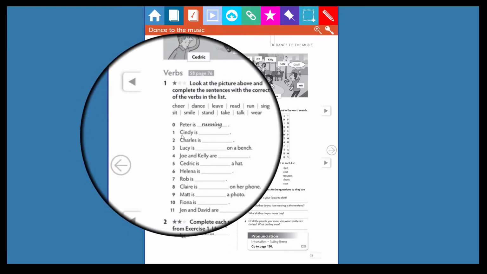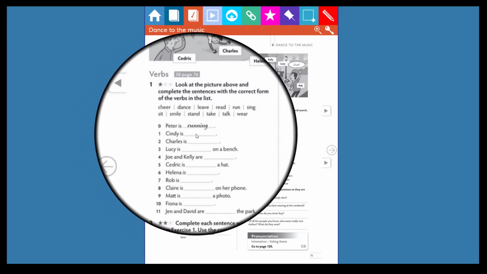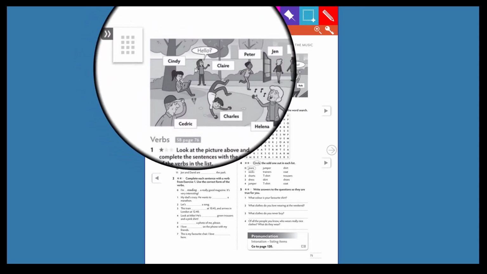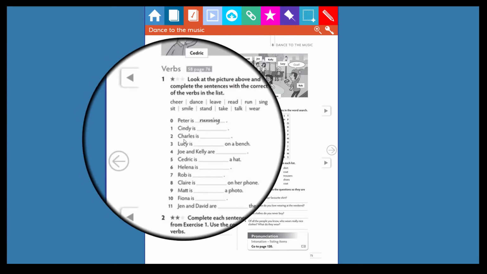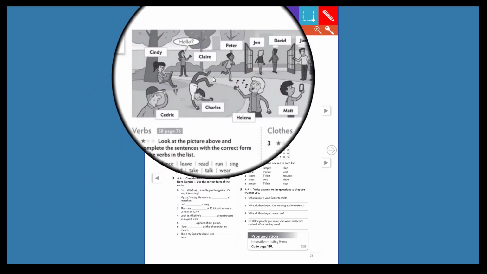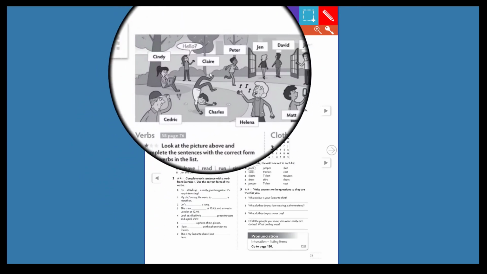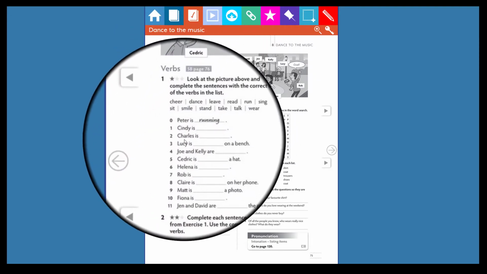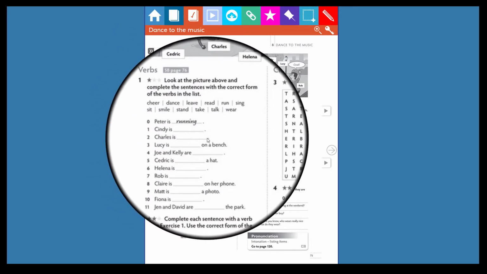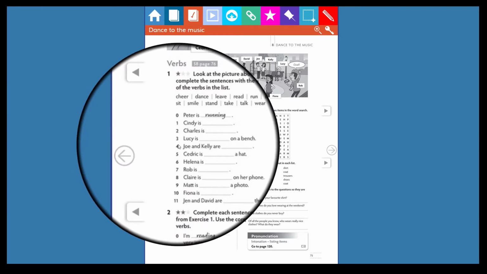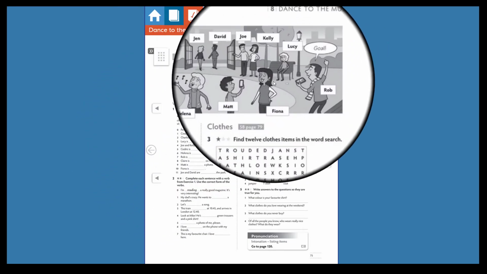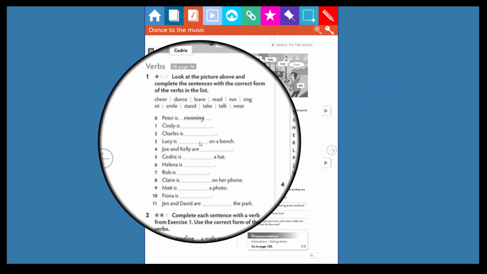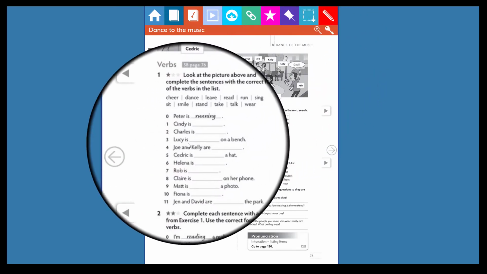Number 1. Cindy is, this is Cindy, reading. Very good. Number 2. Charles is, this is Charles, dancing. Charles is dancing. Number 3. Lucy is, this is Lucy, sitting on a bench.